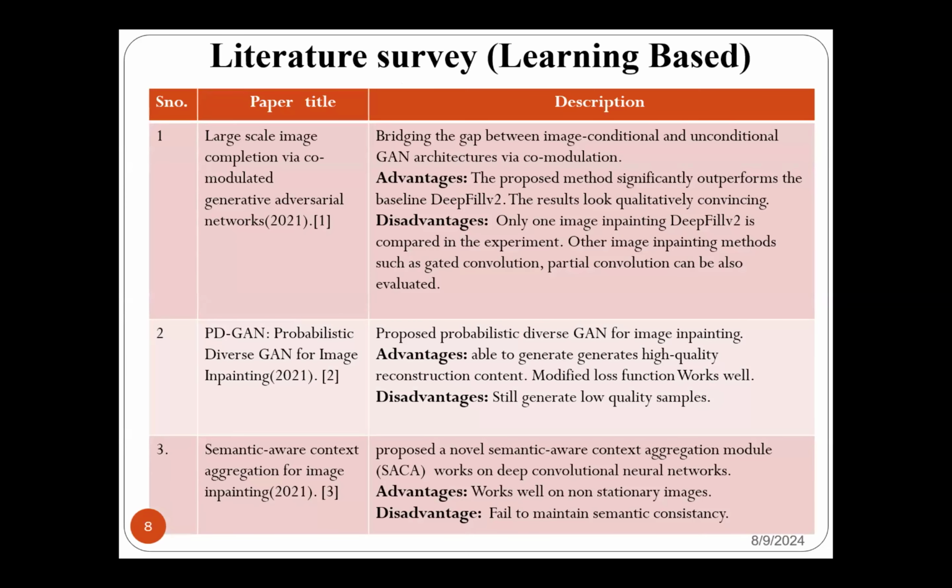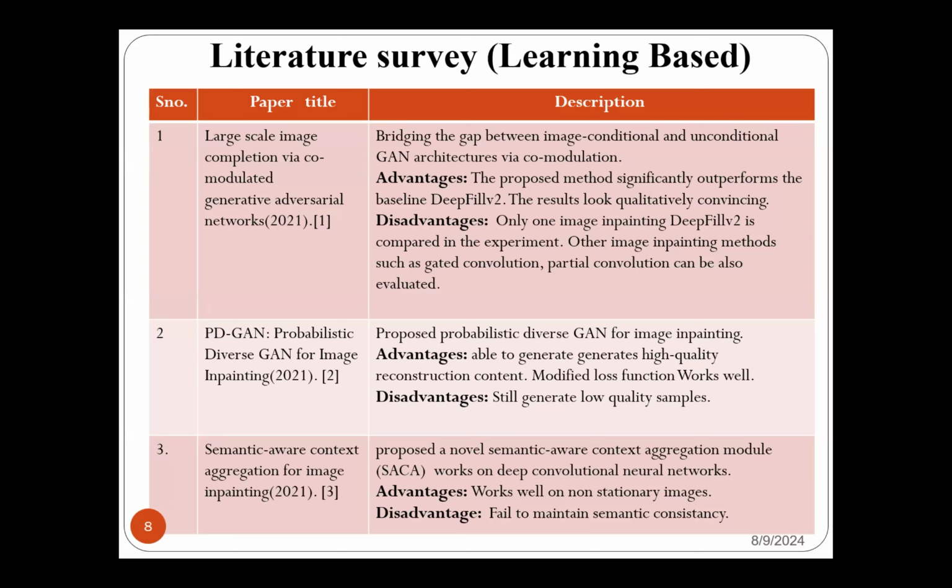So I have done a literature survey. I have done a learning-based literature survey, and non-learning-based also. I have found some advantages and disadvantages. In the paper titled large scale image completion, all these papers use the generative adversarial network.